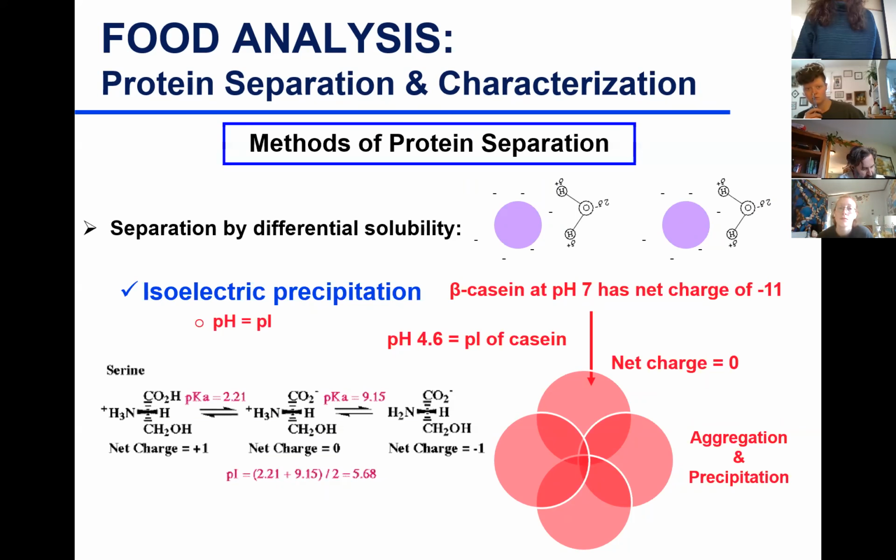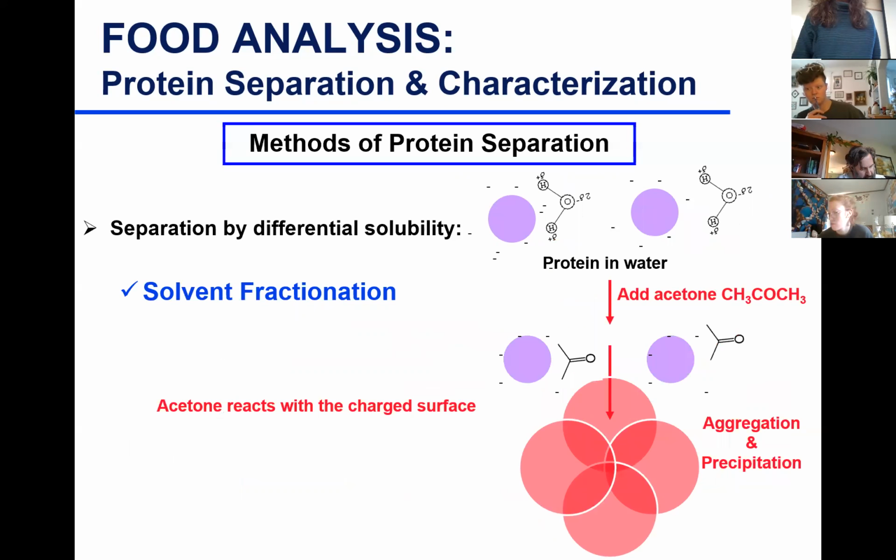Okay. You can precipitate protein out of solution by using organic solvent. If you have protein in aqueous solution, let's say protein in water with other solubles, and you just want to take out this protein and separate it from the solubles.